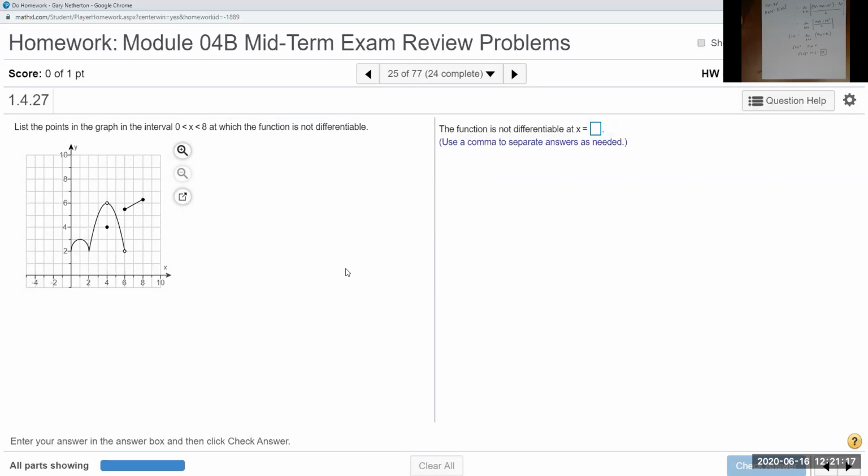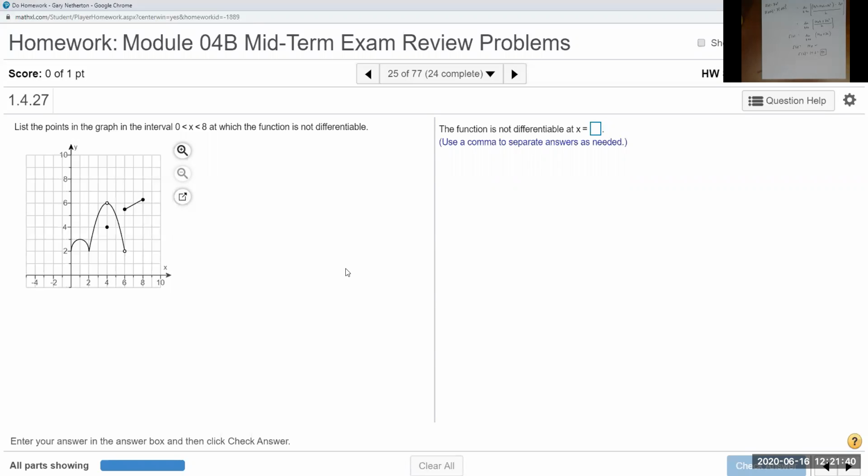When you look at a graph, there are two things you have to look for where a graph is not differentiable. The first one is where there are any gaps or breaks or holes in the graph, where the graph is not continuous, right? We talked about continuity a while ago.